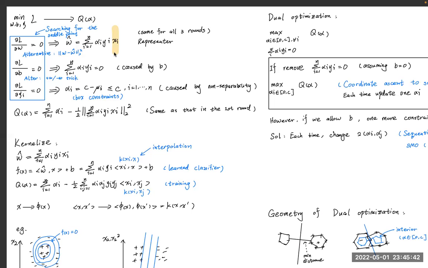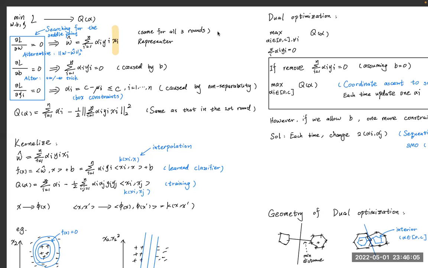Okay, and this is the same for all the 3 rounds of our treatment of SVM. In the first round, we assume b equal to 0 and the data separable. In the second round, we continue to assume the data separable, but b is not equal to 0. We also want to learn b.